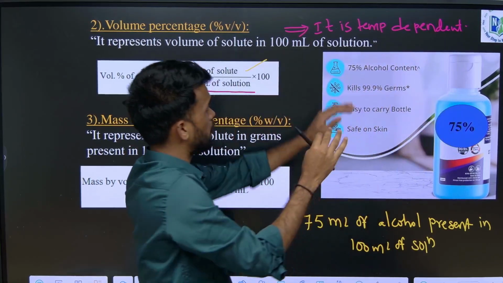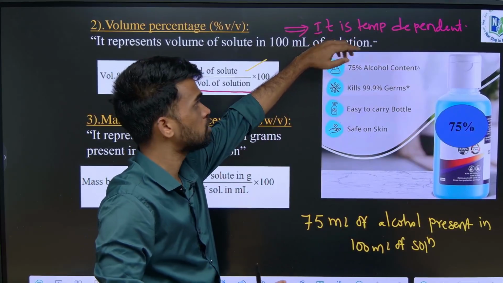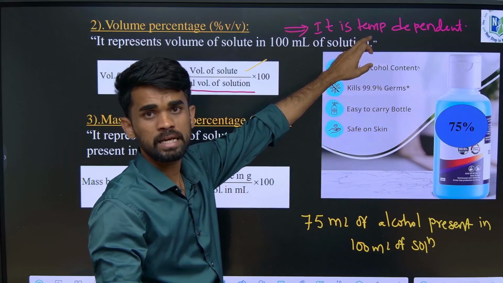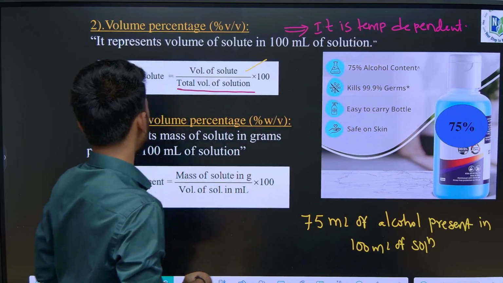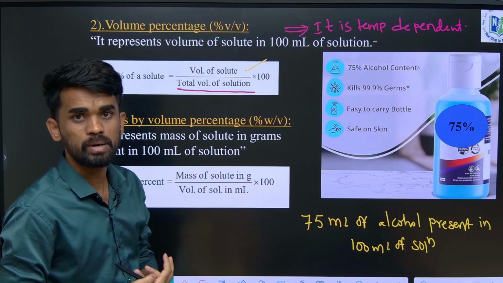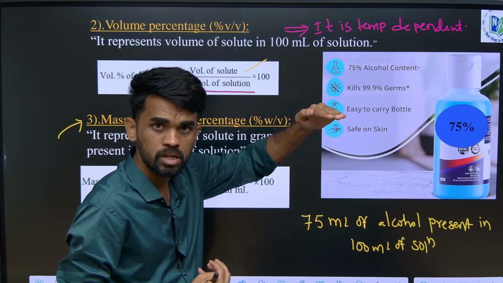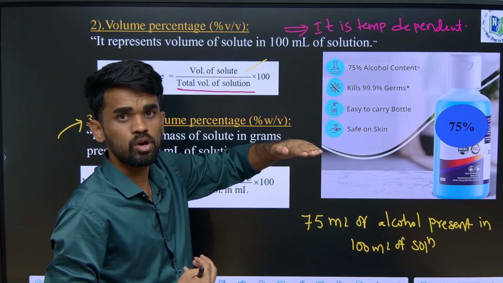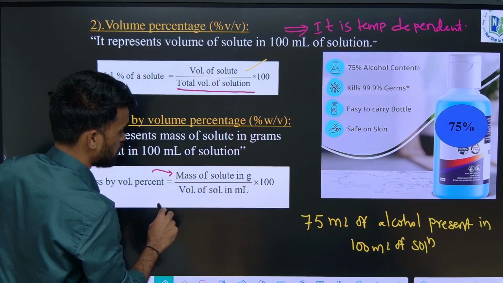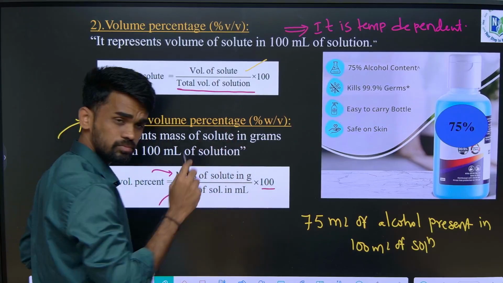Okay, so why am I writing like this? I will show you some questions also, because there are many questions that ask about the effect of temperature. Okay, the next thing is mass by volume percentage. What do we mean by mass by volume percentage? Mass of solute present in a given volume of solution into 100. So mass of solute by volume of solution into 100.